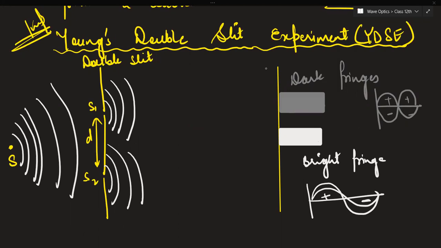This is actually known as constructive and destructive interference, which we'll discuss also. Having wavelength and frequency is a different matter. Having a wave, trough, and crest is different.